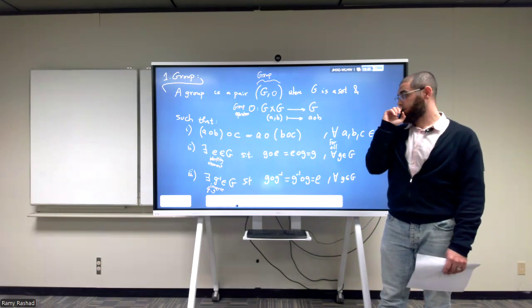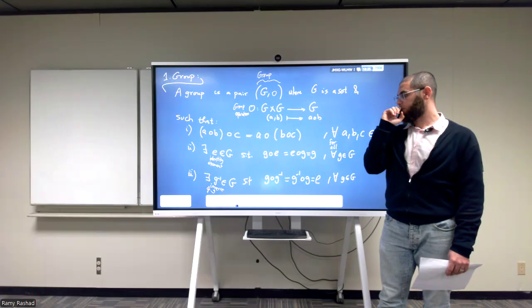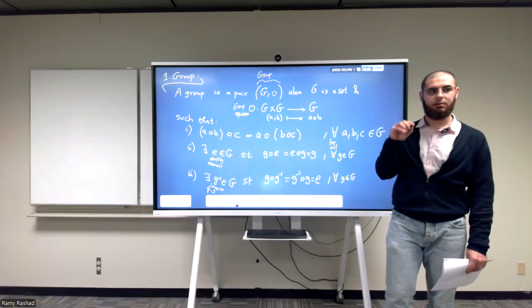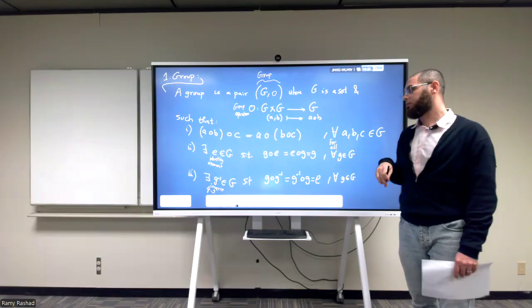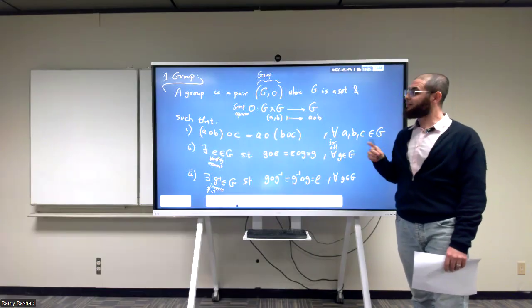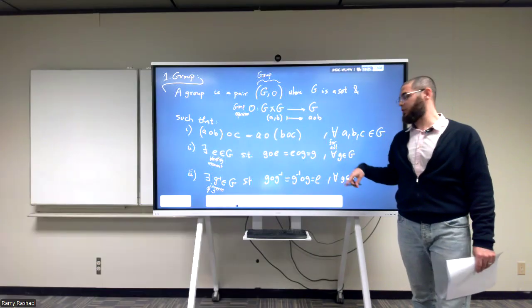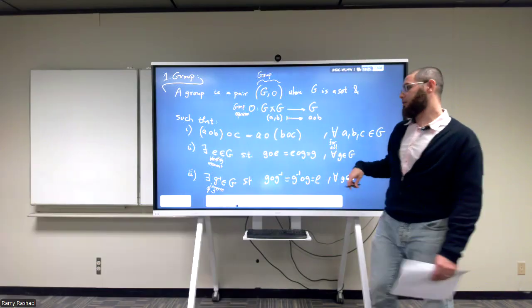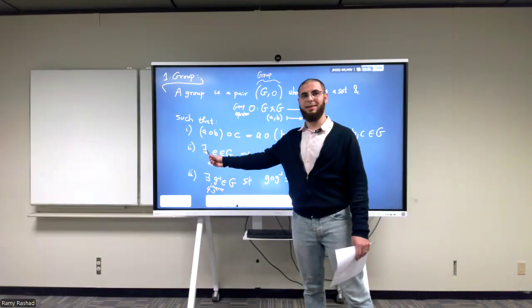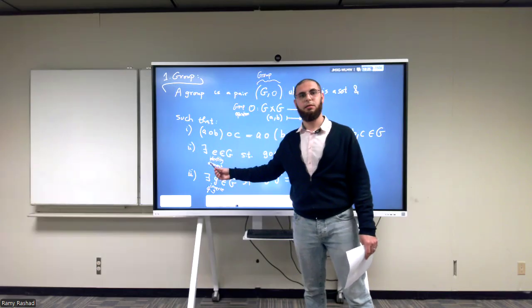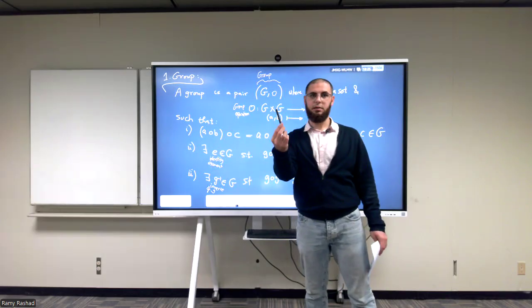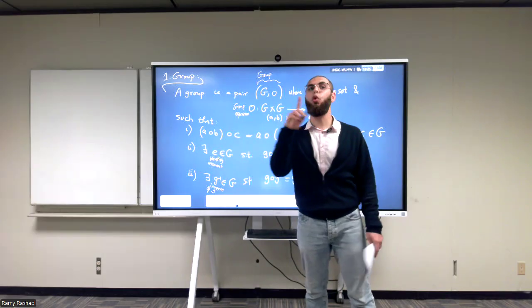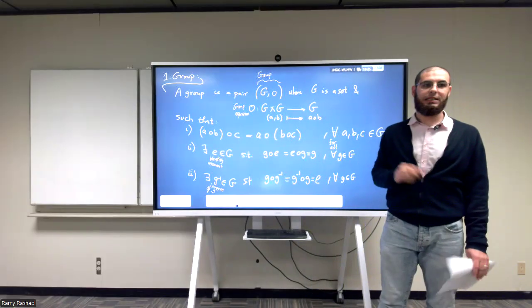Multiple identity elements? I think the identity element has to be unique. Uniqueness is something we're not discussing here. You see here, what 'there exists' means is that at least one is there. It does not say that there exists only one. That's something else.